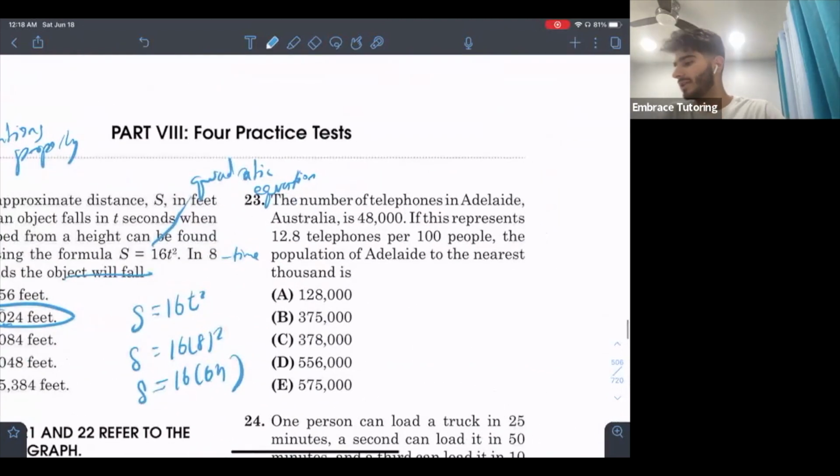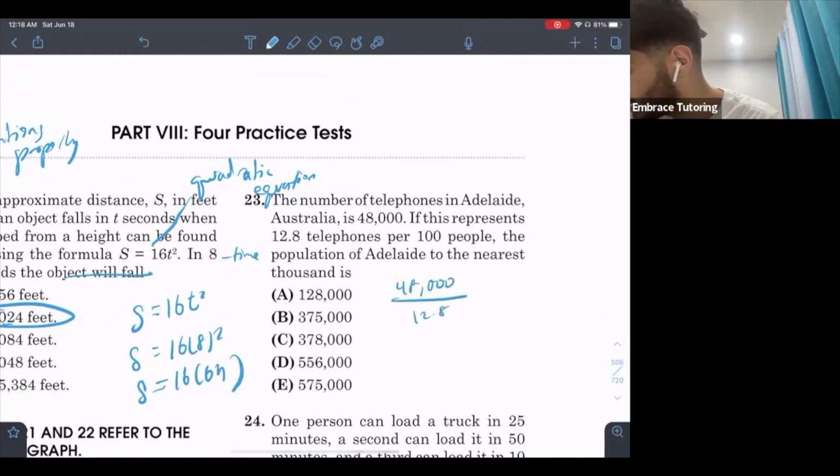23. The number of telephones in Adelaide, Australia is 48,000. If this represents 12.8 telephones per 100 people, the population of Adelaide to the nearest 1,000 is what? So we have 48,000 telephones, 12.8 per 100.